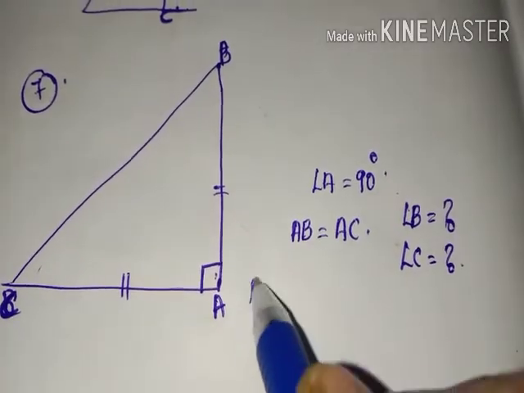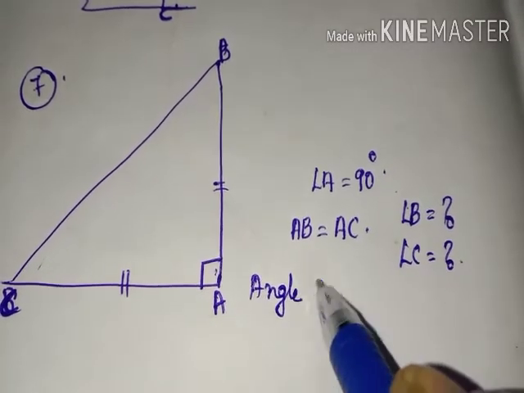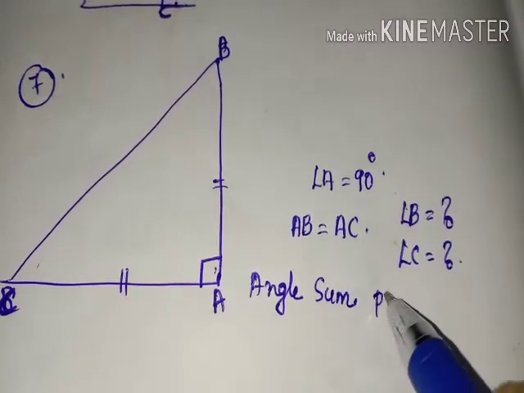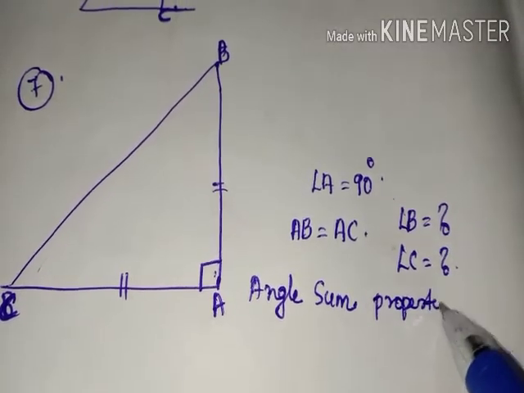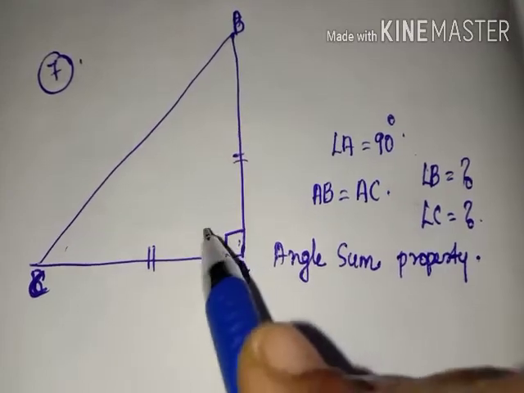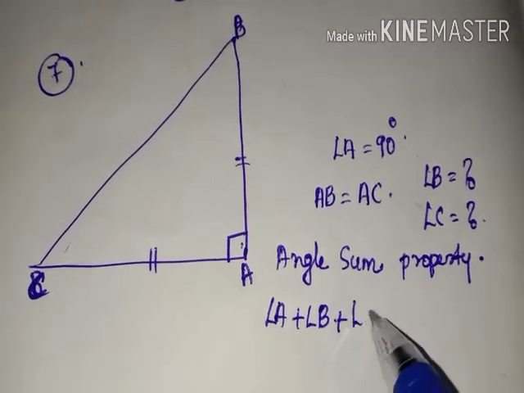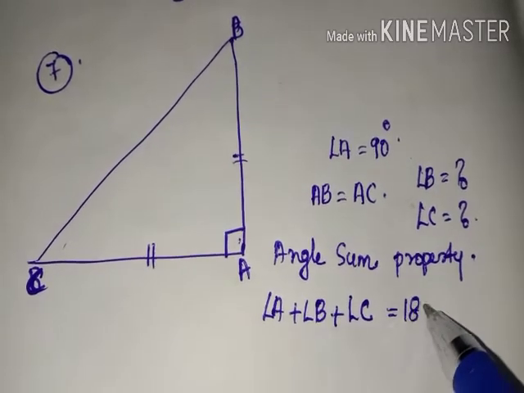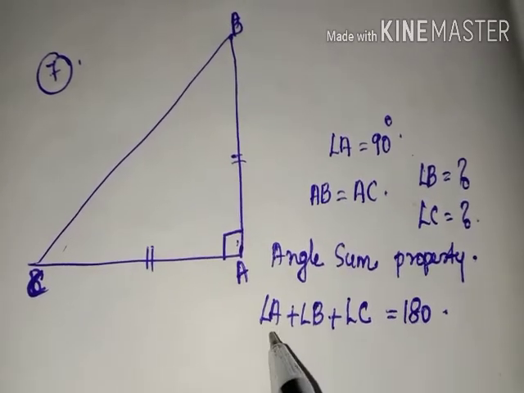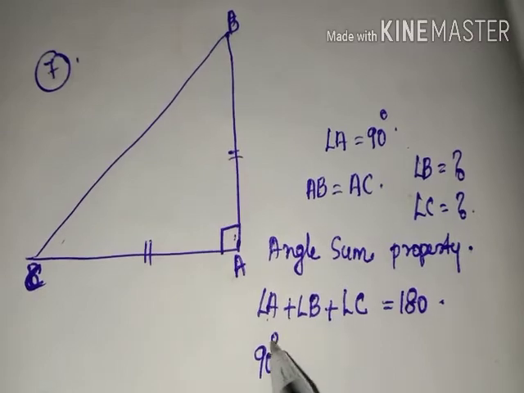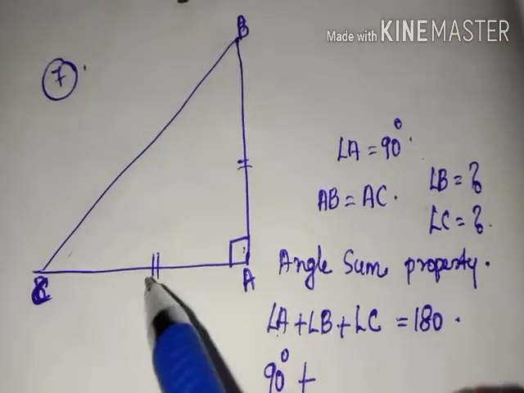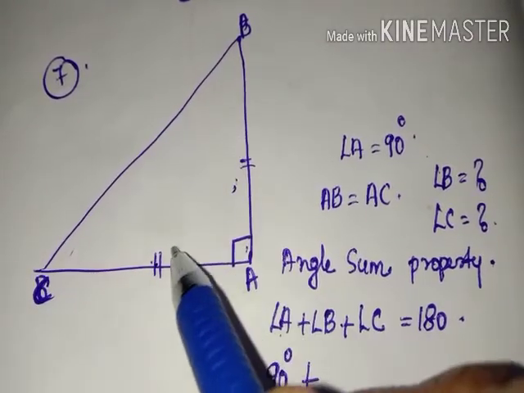Is it clear? So, similarly here also we are going to apply angle sum property in the triangle ABC. Angle sum property means sum of the three angles equal to 180 degree. So, angle B plus angle A plus angle C equal to 180. And angle A is given. Angle A is 90 degree. So, 90 degree plus.